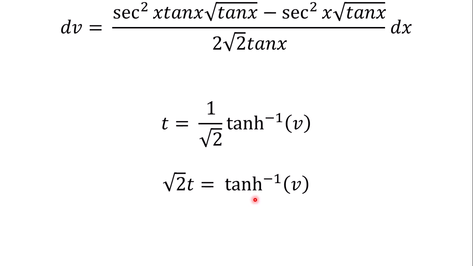Yeah, so it's supposed to be the derivative of tangent inverse of any variable is equal to minus 1 over the variable squared minus 1.